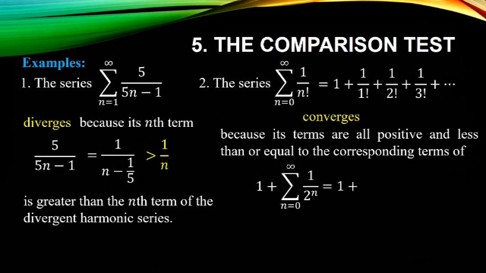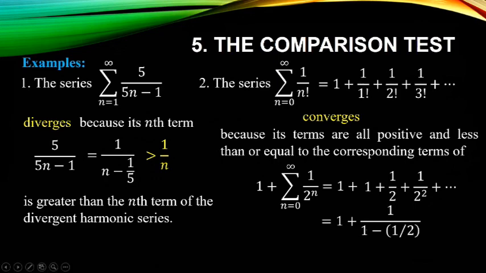So this is equal to 1 plus the geometric series 1 plus 1 half plus 1 over 2 squared, and so on. So we have 1 plus the sum of the geometric series, 1 over 1 minus 1 half, which is 1 plus 1 over 1 half. So we have the reciprocal here, 1 plus 2, which is equivalent to 3.